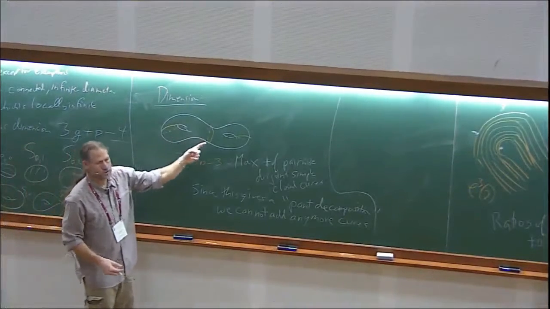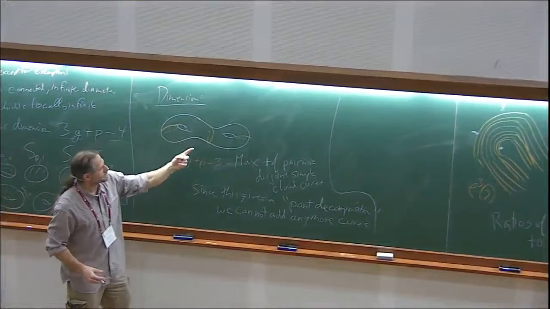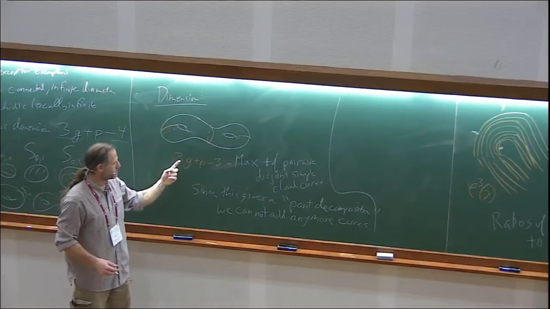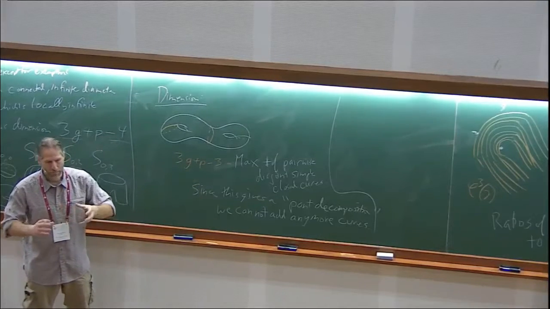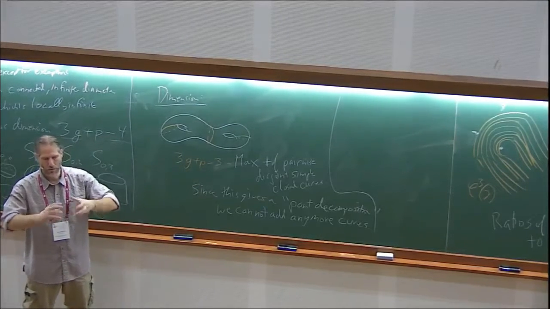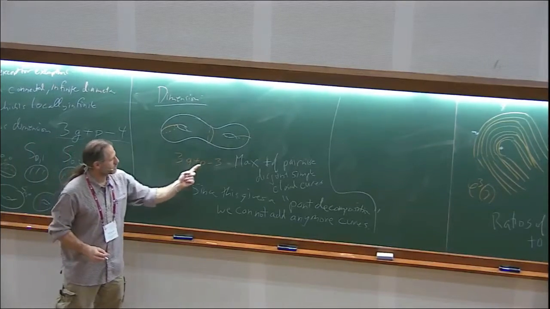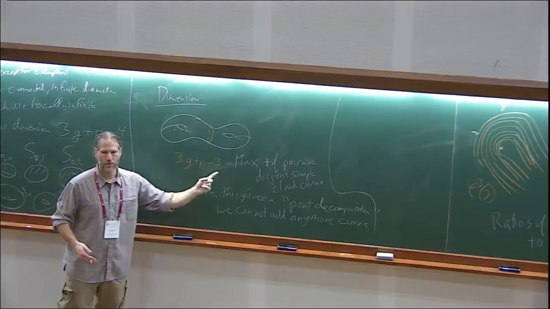And if I have disjoint curves, it turns out that Dehn twists commute with each other. So a pants decomposition gives me a collection of 3g plus p minus 3 distinct curves for which I can find commuting elements of the mapping class group. So given a pants decomposition, I can find an abelian subgroup of rank 3g plus p minus 3.